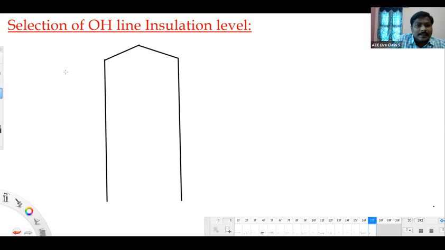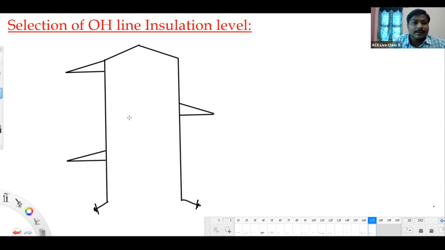These are the cross arms I am showing, corresponding to phase A, phase B, phase C. This tower is connected to ground like this. And this is called the cross arm.